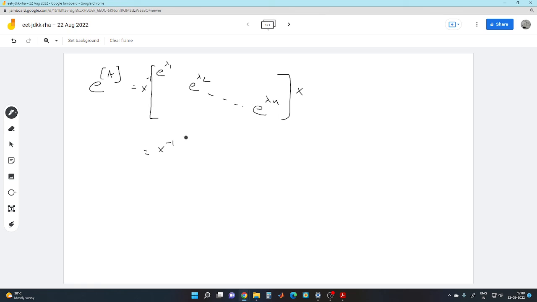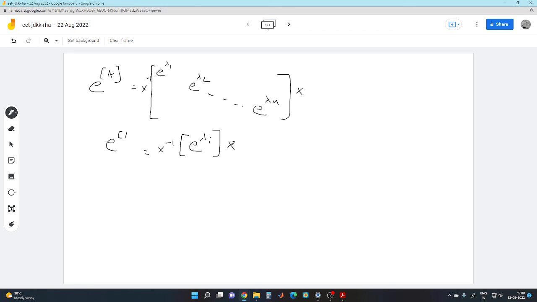So we can directly write this e raised to power A as X inverse, this is e raised to power lambda 1, e raised to power lambda 2, up to e raised to power lambda n, into X. So X inverse e raised to power lambda I matrix and this.